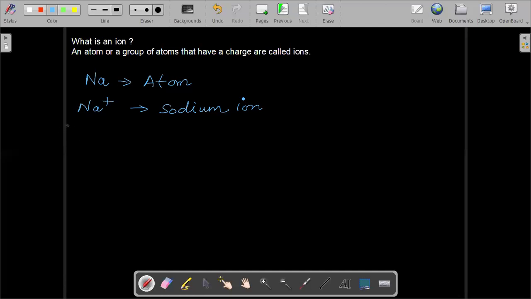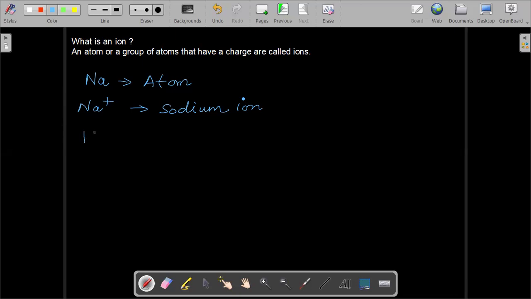You need to remember that a sodium atom can have only a plus one charge. That is why it is called Na+, sodium ion.